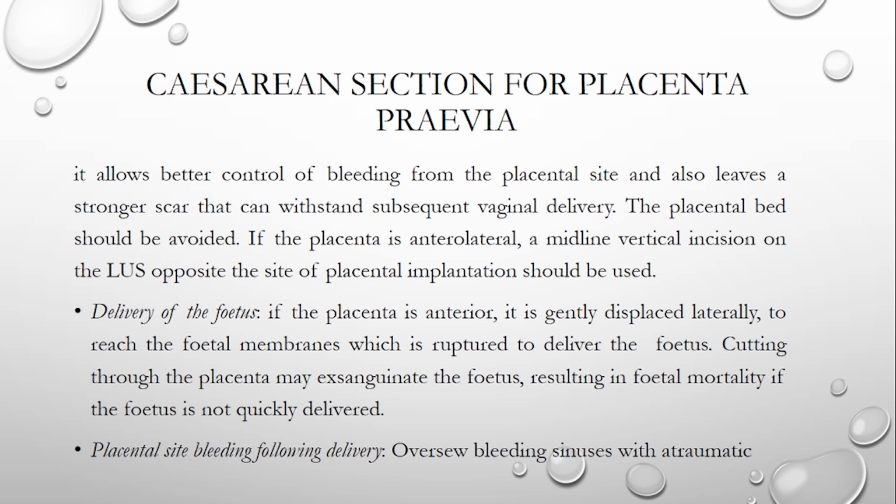Placental site bleeding following delivery. This is also a common complication of surgery, bleeding from the site of the placenta. One needs good skill to be able to manage this complication. Oversewing bleeding sinuses with atraumatic suture may be necessary.